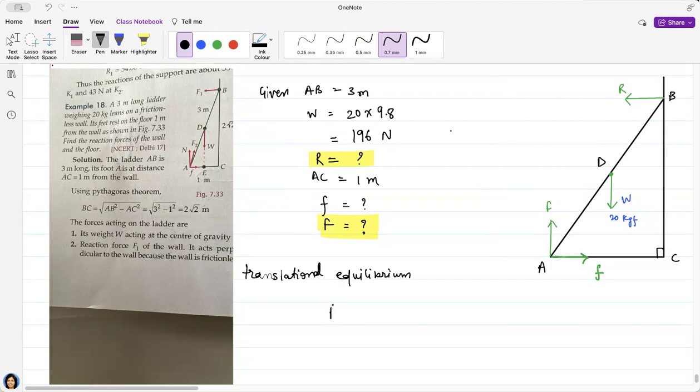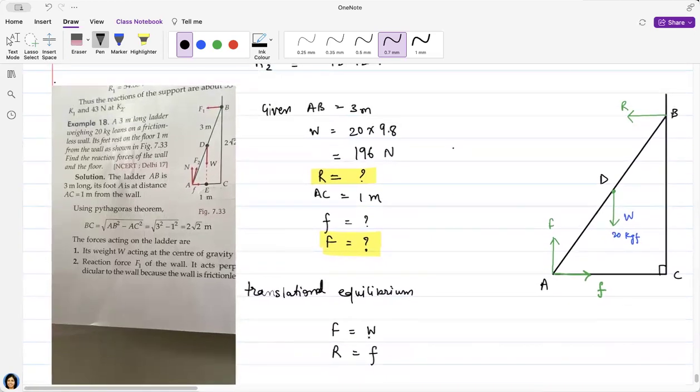Can I say F is equal to W? And if it is not going left and right, I can say the reaction force of the wall is equal to the frictional force.